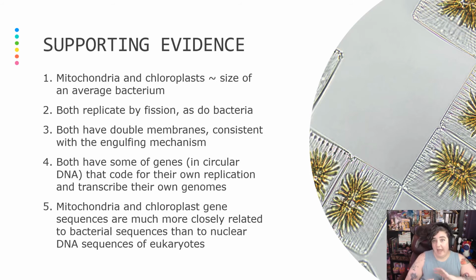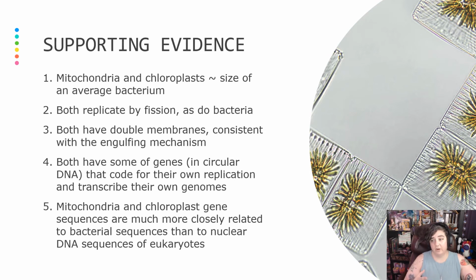They do still have similar genes inside of them that bacteria had, and they're circular. So they're in that circular format instead of linear like a eukaryotic gene would be. And those genes code for their own replication. And when we sequence those genes, they actually turn out to be more similar to bacterial genes than to eukaryotic genes.